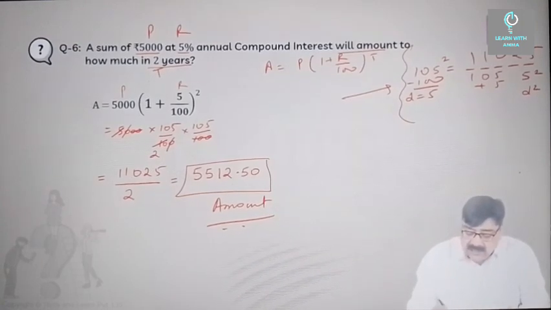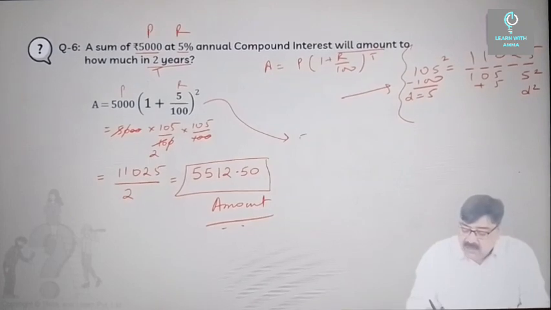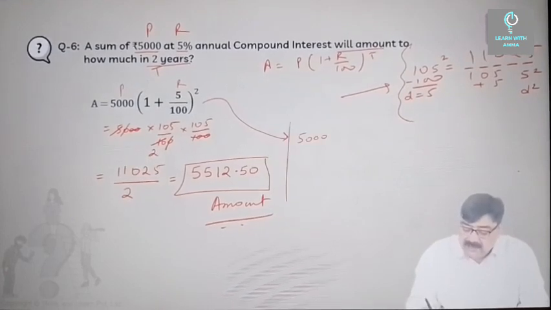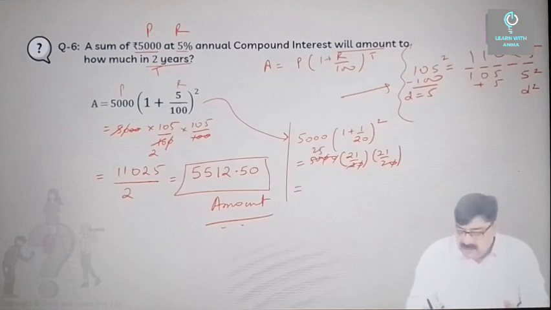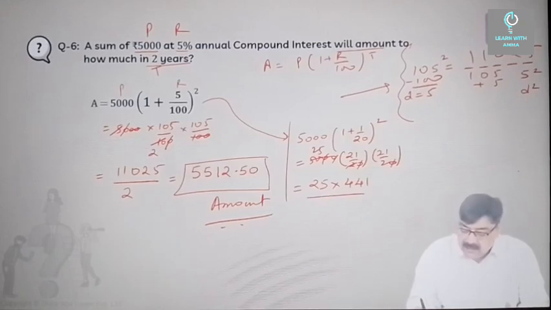Now the other way around here would have been, some of you would have preferred calculating like 5,000 into 1 plus 1 by 20 square. So it would be 5,000 into 21 by 20, then again 21 by 20. Just look at this. 0, 0 gone. 2, it goes by 25. So you are left with 25 into 21 square, is 441 by this 2.